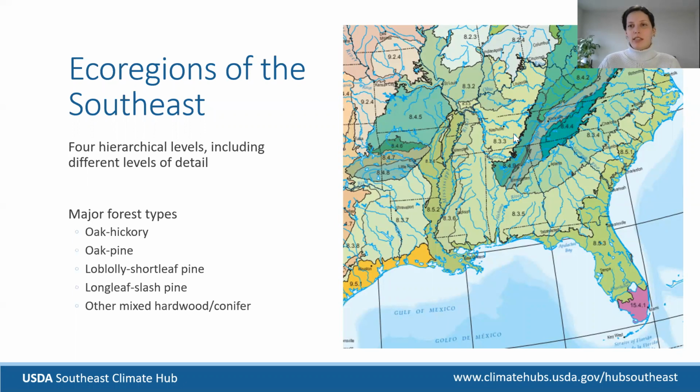Here we can see the Blue Ridge ecoregion and the Coastal Plain ecoregion, just to name a few of them. Common forest types in the Southeast are oak hickory, oak pine, loblolly shortleaf pine, longleaf slash pine, and these are just the major forest types. There are many other forest types as well, like other mixed hardwood conifer forests.